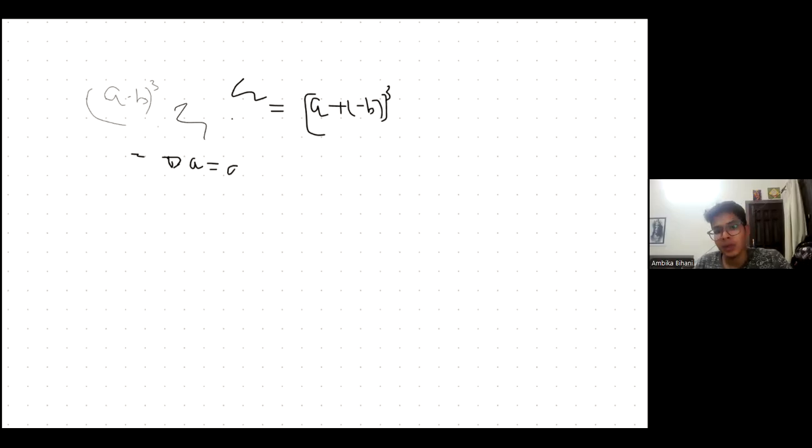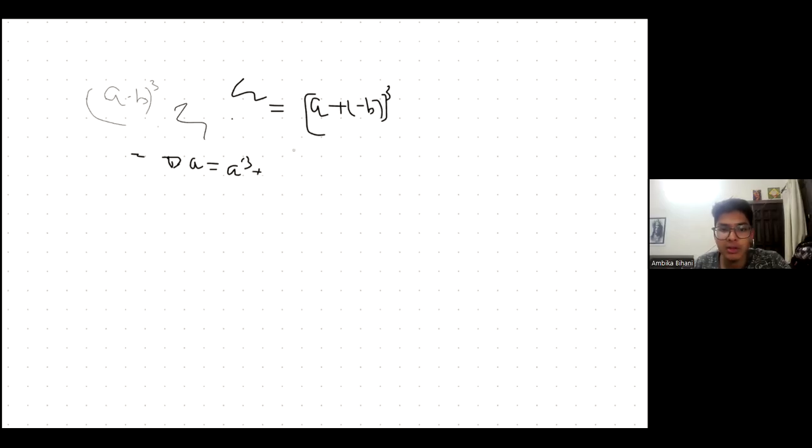Second, notice that the power here is odd. So if I write minus b, that will of course be negative. Instead of writing plus minus, I just directly write a minus. Sorry, I have to expand it first. So a cube plus nC1.